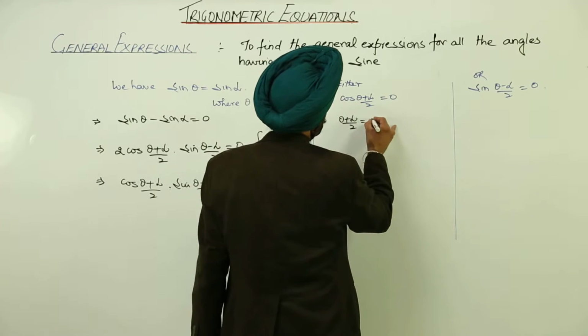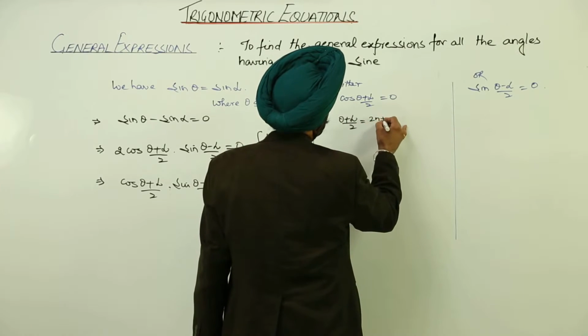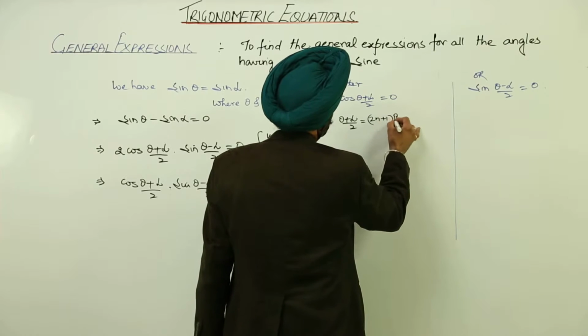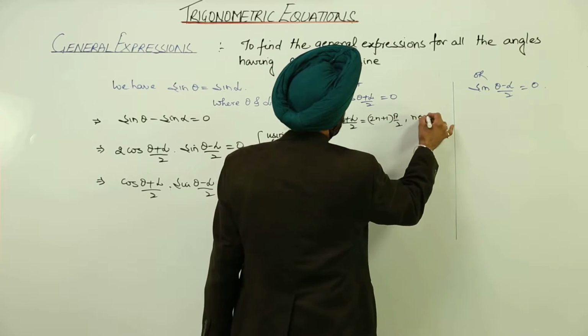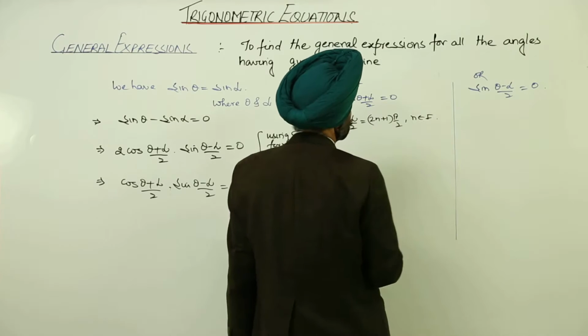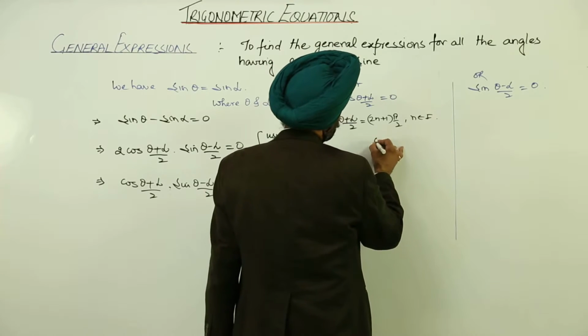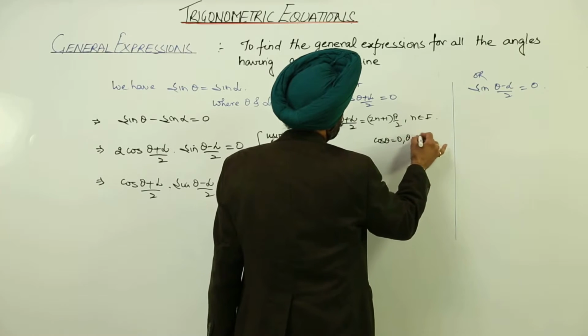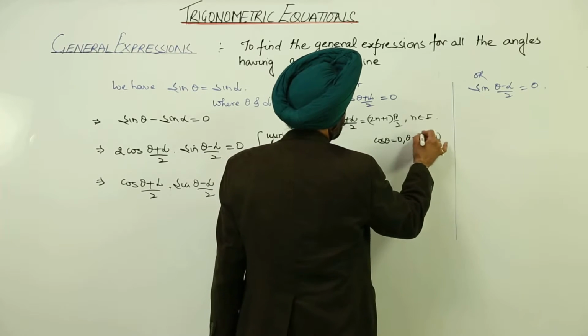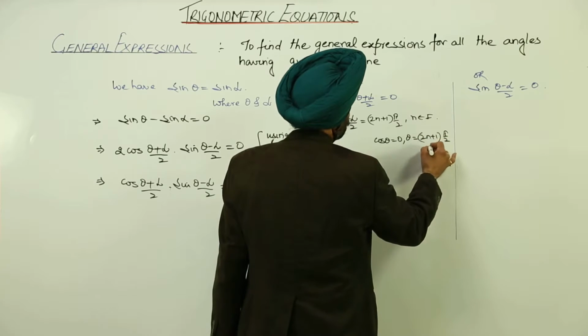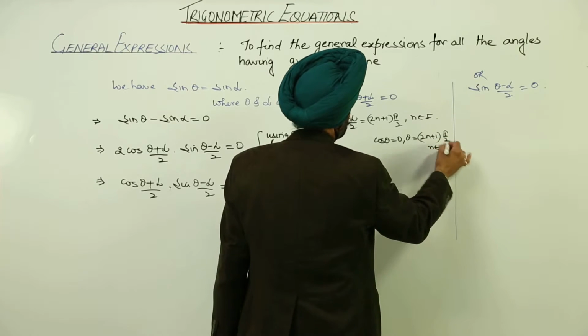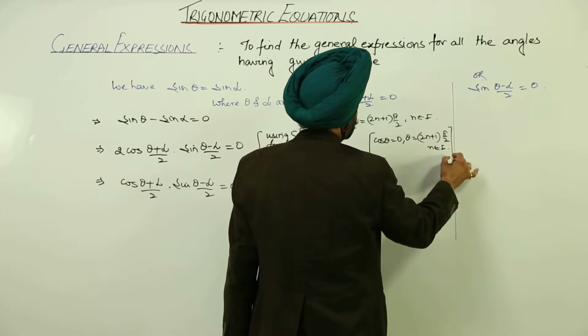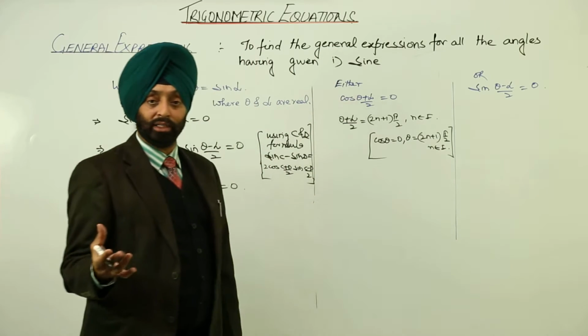(Theta plus alpha) upon 2 is equal to (2n plus 1) pi by 2, where n belongs to integers. What we have used here is cos theta equal to 0 gives theta equal to (2n plus 1) pi by 2, n belongs to integers. This we have already done for cosine as zero.